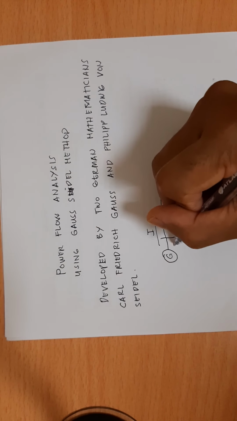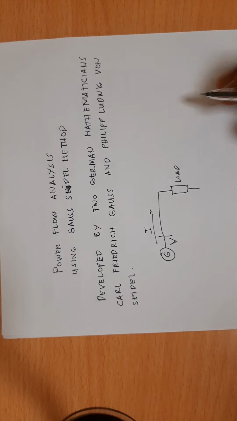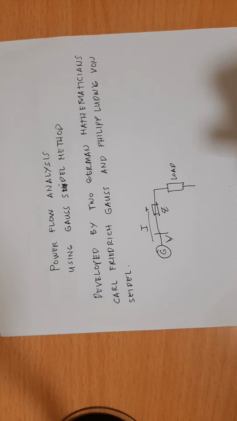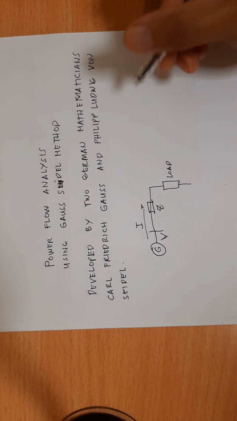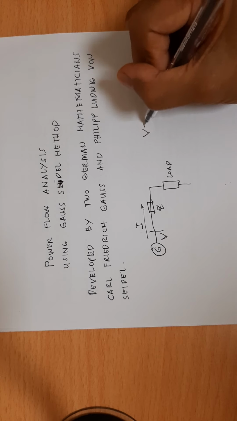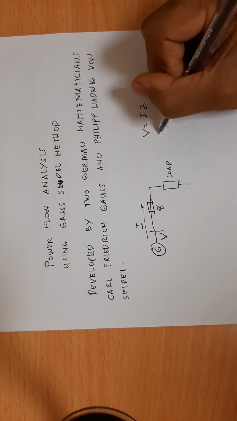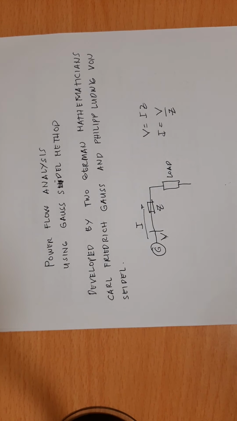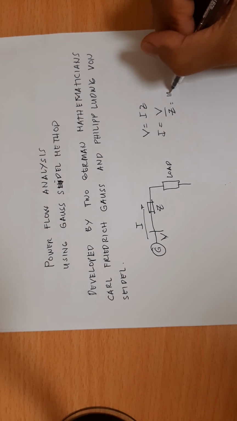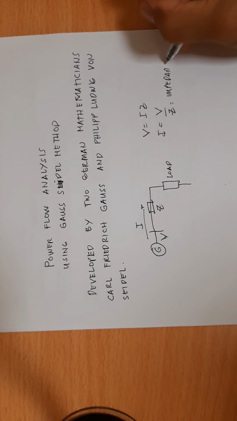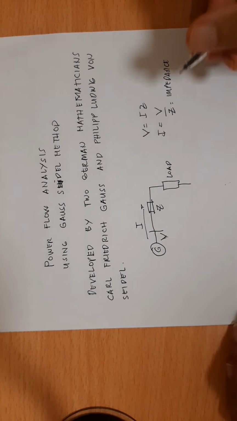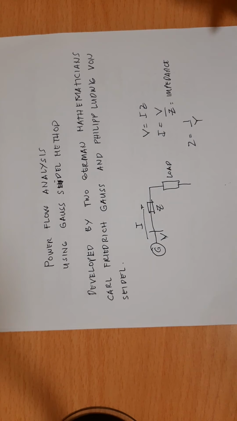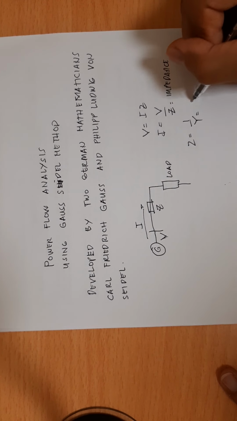This is a bus, and we have a voltage here and an impedance Z. We know that V is equal to IZ, then I is equal to V over Z, which is impedance. Impedance is the reciprocal, or the inverse, of admittance.